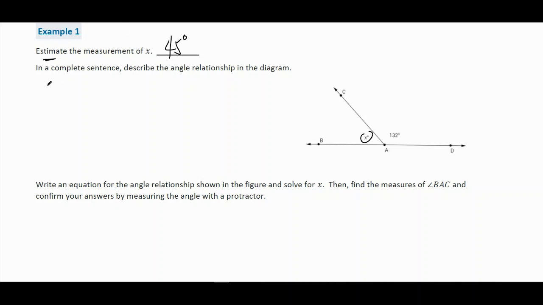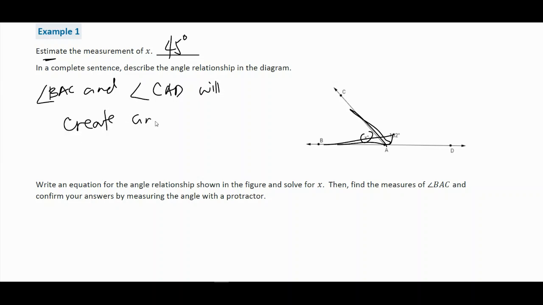So what we can say is that angle BAC, this angle here, and angle CAD will create, of course, an angle on a line that is 180 degrees.